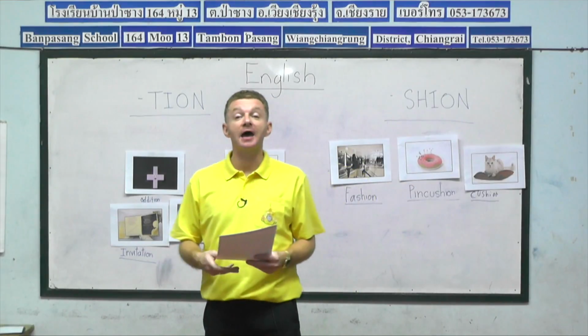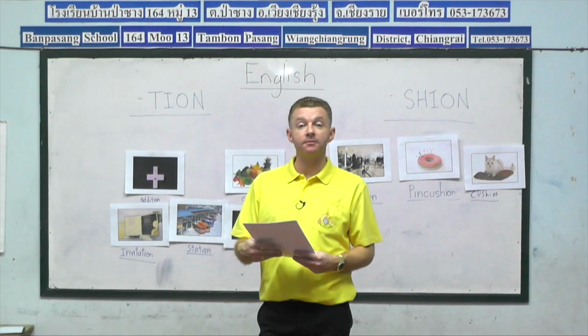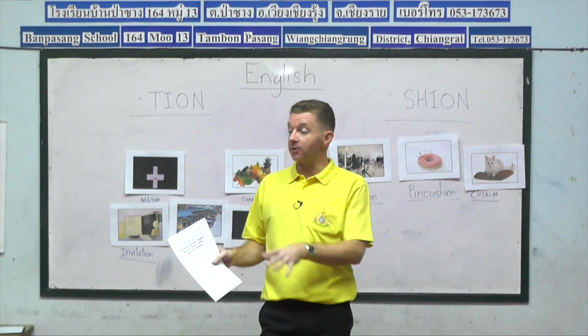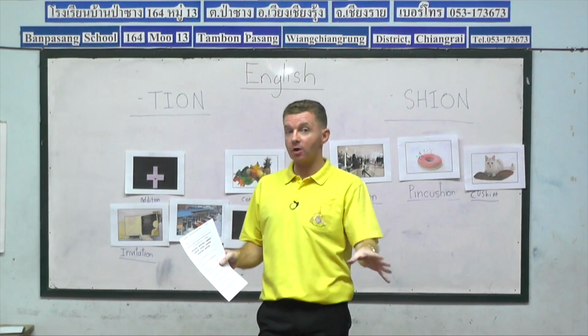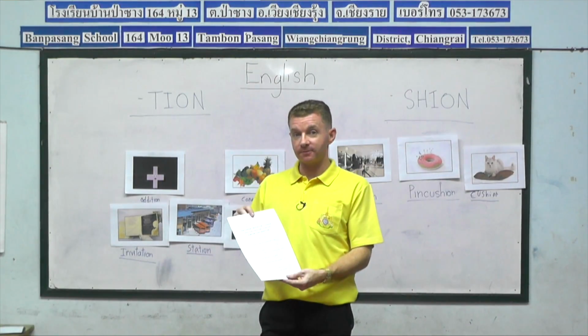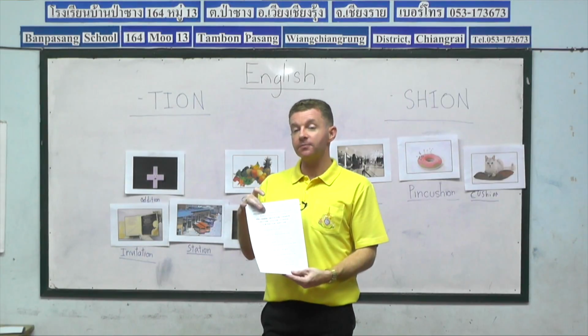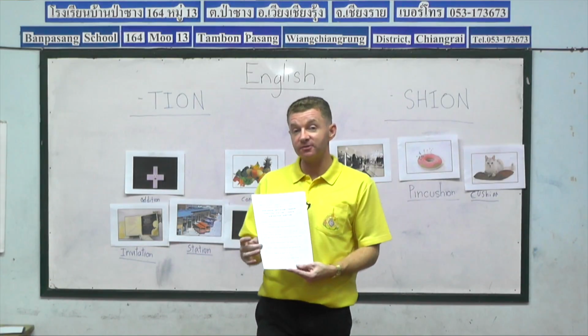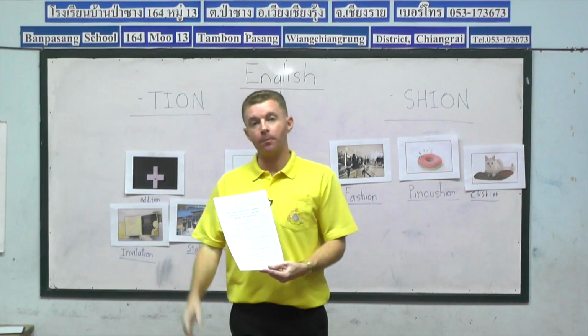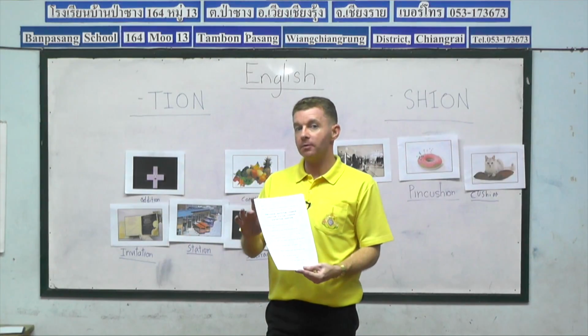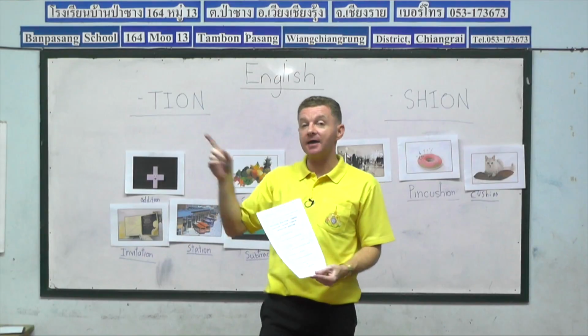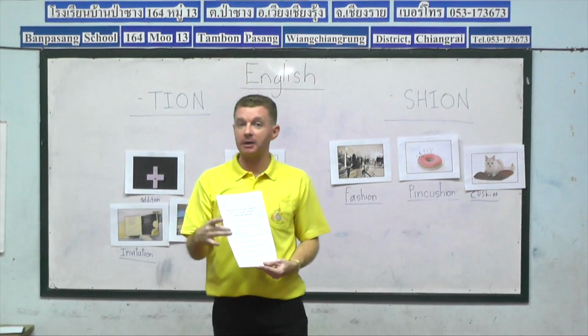And now it's time for our worksheet part of the lesson. So teachers, what you need to do is make sure every student in your class has their own worksheet. And what our students need to do is read each of the sentences that were featured in the PowerPoint presentation. But now, the words containing the TI or the SH spellings have been removed.